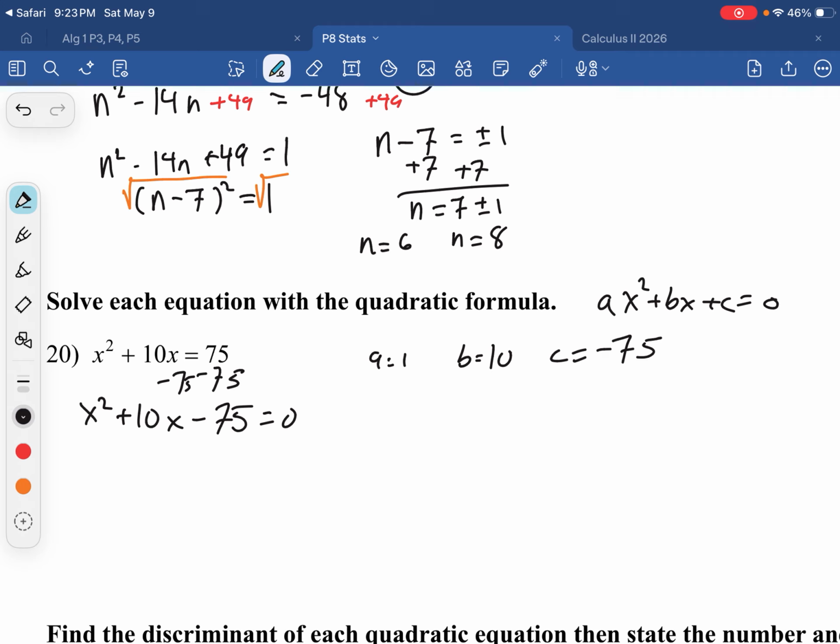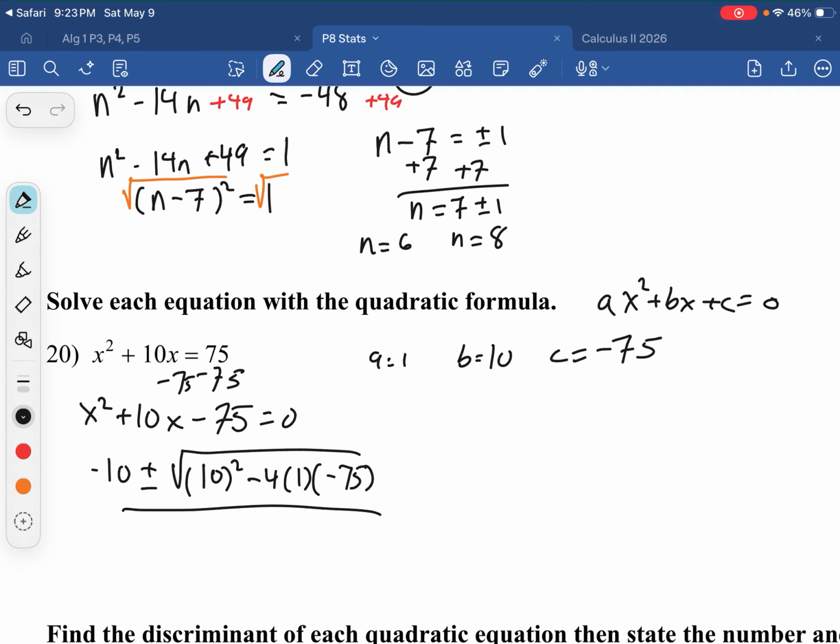So it's opposite b plus or minus the square root of b squared minus 4 times a times c all over 2 times a. Or we get negative 10 plus or minus the square root of 100.